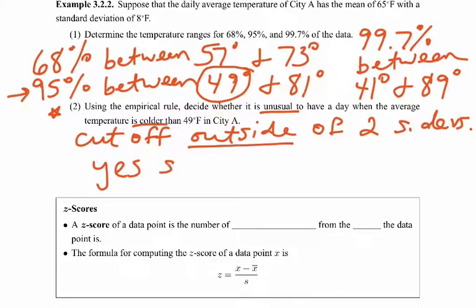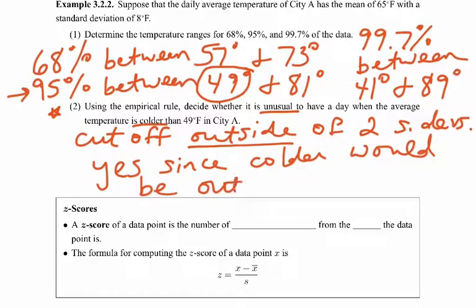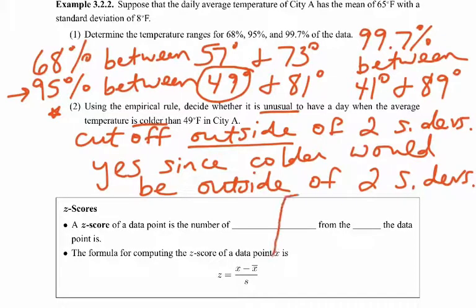So yes, since colder would be outside of 2 standard deviations. And that's what we're looking for. So remember that two standard deviations is going to be our cutoff. All right, let's look at z-scores and what we mean by a z-score.